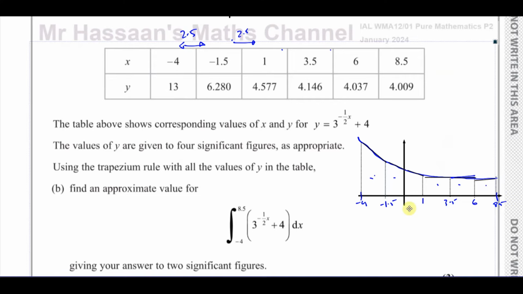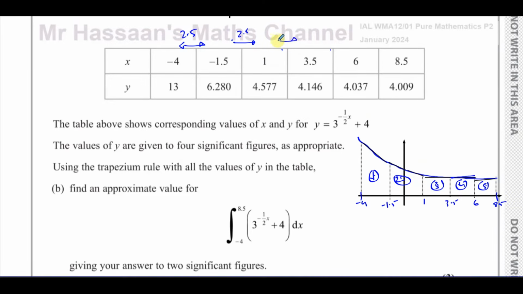So that's the axis, but these are the actual trapeziums. So you have here 1, 2, 3, 4, 5 trapeziums, and you have here 1, 2, 3, 4, 5, 6 ordinates. So there's 5 trapeziums, there's 6 lines.